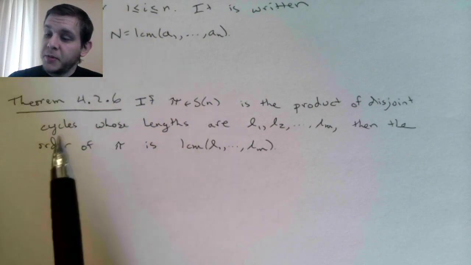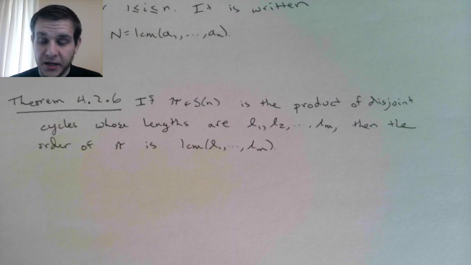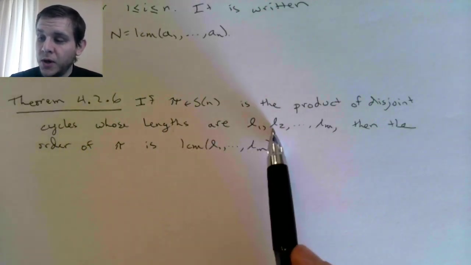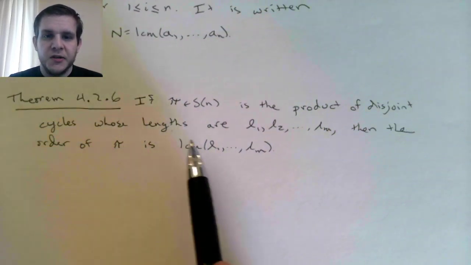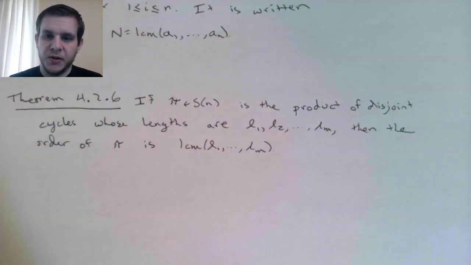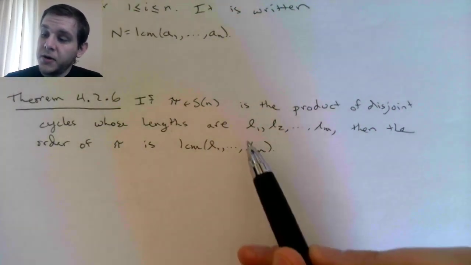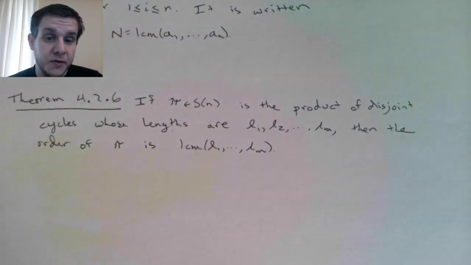So if a permutation is a product of disjoint cycles, so if it's written in the cycle notation, and these cycles' lengths are L1 up to Ln, then the order of the permutation is just the least common multiple of these lengths. So in particular, the order of a cycle is just the length of the cycle, which makes sense intuitively. It's very clear from the picture.